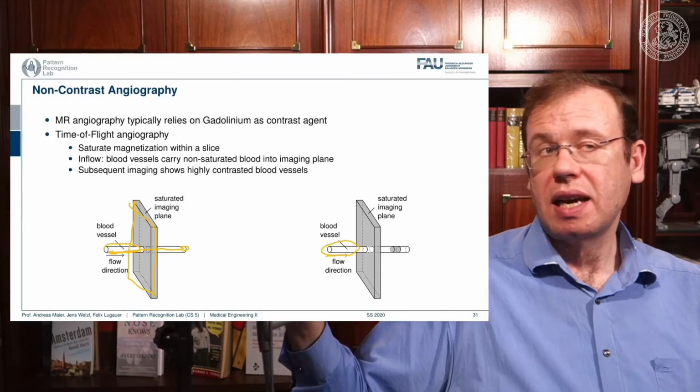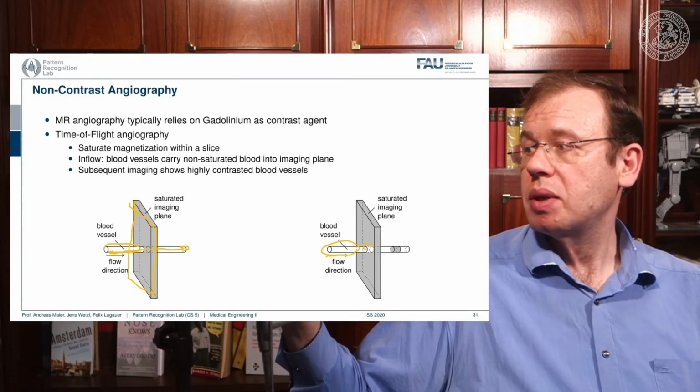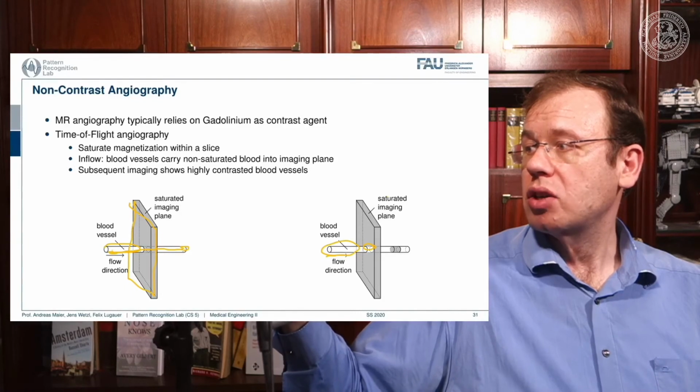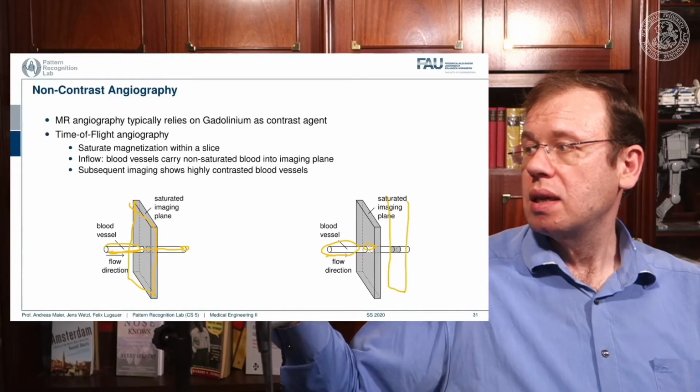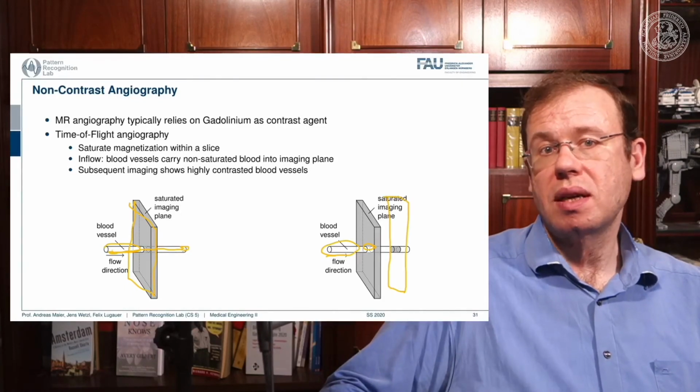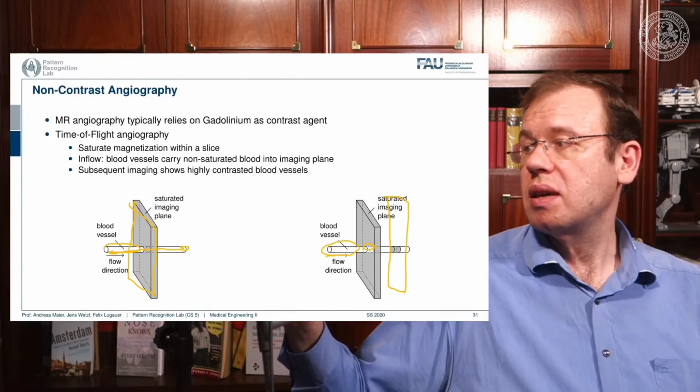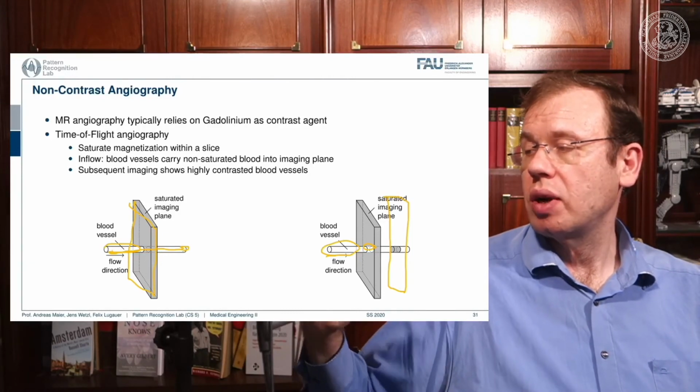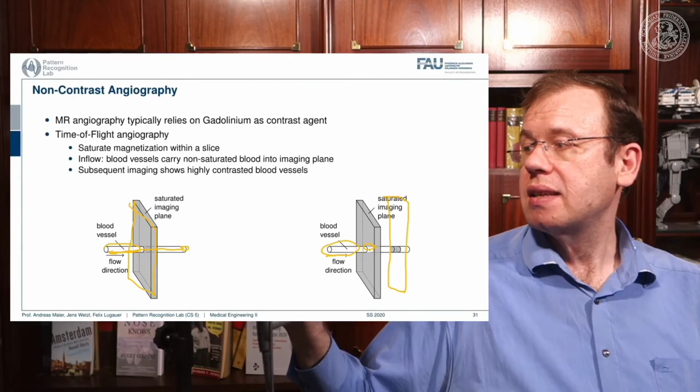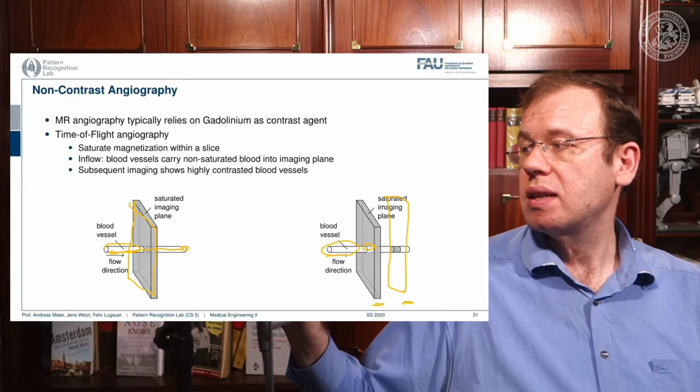So the excitation will have happened at this point, but then you actually read out at this position here. And that's pretty cool, because if you change the gradient of the readout, this allows you to detect whatever you excited in this plane.